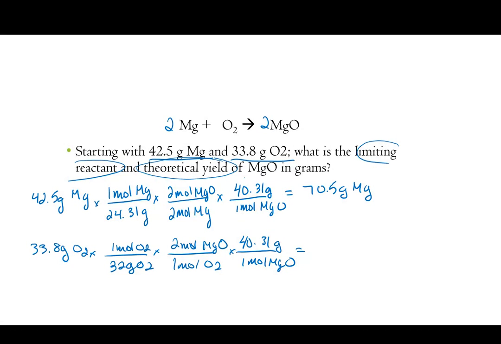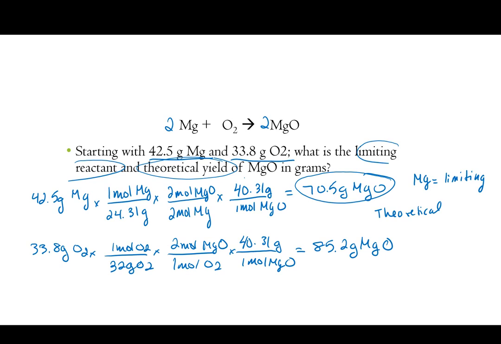So if I use up all of my oxygen, I would make 85.2 grams of magnesium oxide. But I don't, because my magnesium is going to run out before then. My magnesium runs out when I make 70.5 grams of magnesium oxide. So magnesium is my limiting reactant. And 70.5 grams is my theoretical yield.